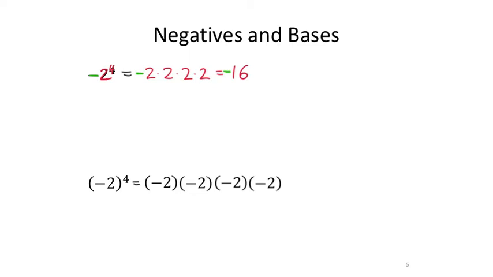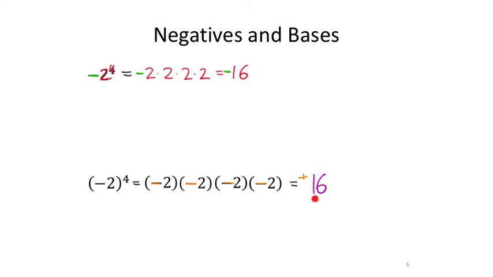All right, so here again, it is an order of operations problem, but it's parentheses to the power of 4. And now I can see I would probably want to find the sign of my answer, and this one tells me I've got 1, 2, 3, 4 negatives. 4 negatives is even, so I know the answer is positive, and then I also know that 2 times 2 times 2 times 2 is 16.